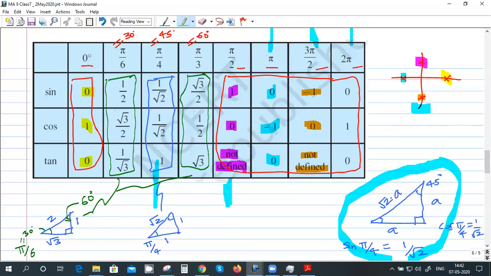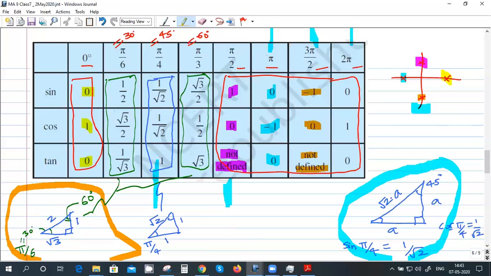Okay, so there is one more triangle. Take a right angle triangle of sides 1, √3, and 2. Among 1, √3, and 2, which one is the maximum length? 2.